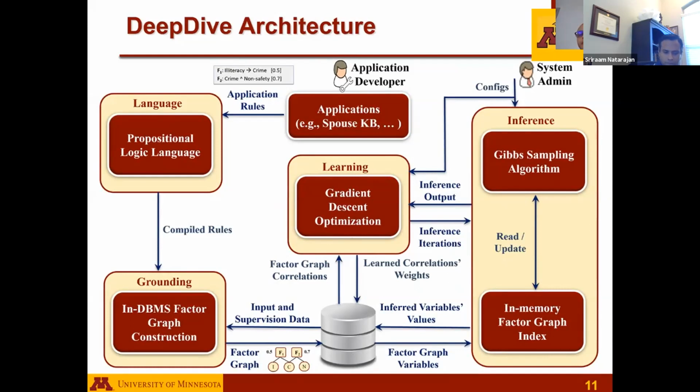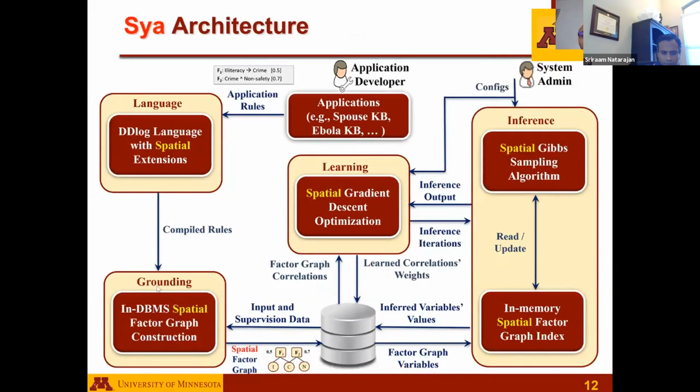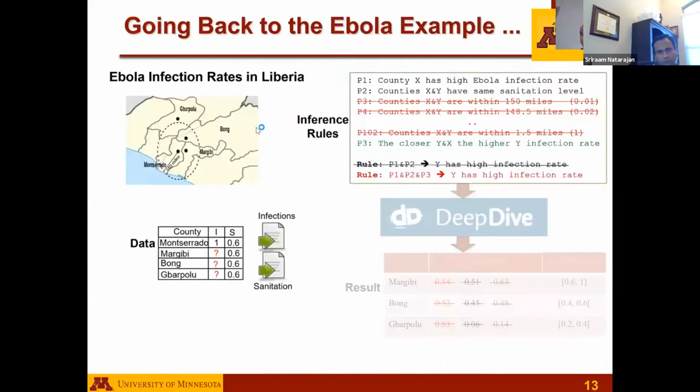In Sya, we keep the same Markov logic network architecture used inside DeepDive. However, we added our spatial awareness inside each one of these modules. We're going to talk about these details later for each of these components. Now, going back to the same example that we started with, the Ebola knowledge base, Sya can support this B3 predicate.